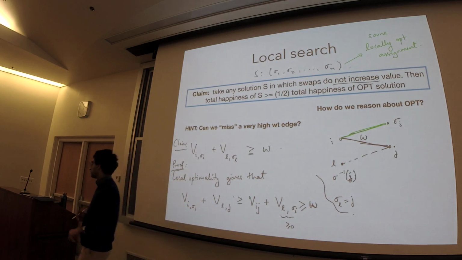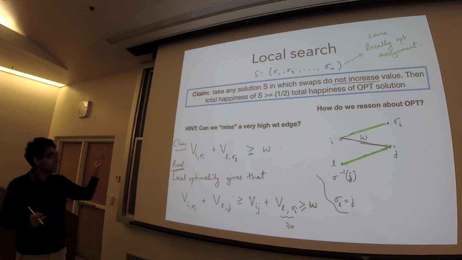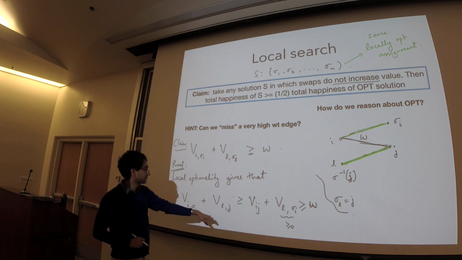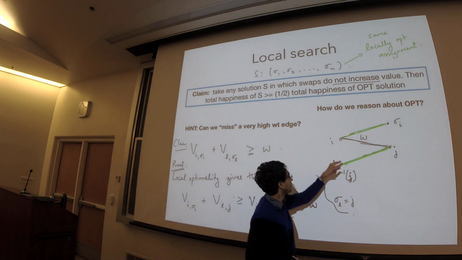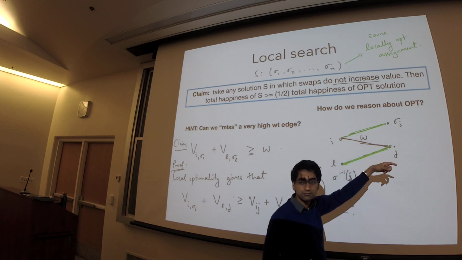So L was the child who got J. Now I'm claiming that in this locally optimum solution, the happiness value of I plus the happiness value of L was at least this edge weight.